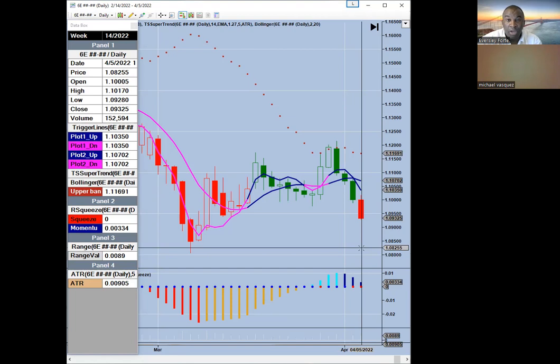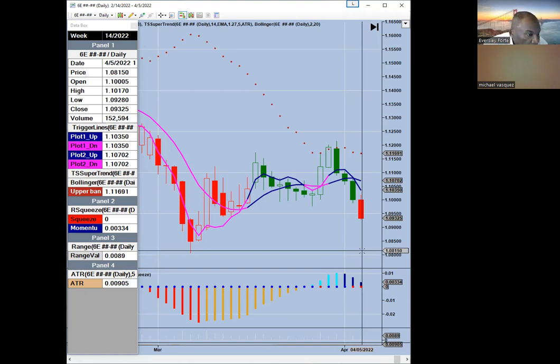If it was a long trade, I'm looking for the market to go up, then the market actually has to go above a certain price, the buy stop price, to get filled. So in this case, we're using a sell stop to enter the trade. And the sell stop is 1.0913. So unless the market goes below that price, this order will not get filled.